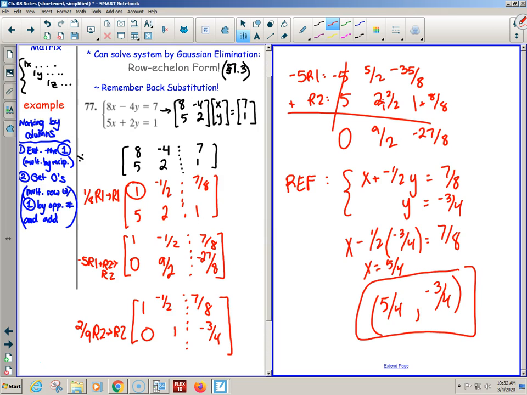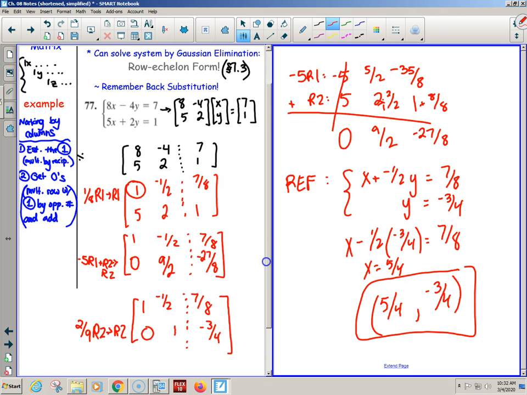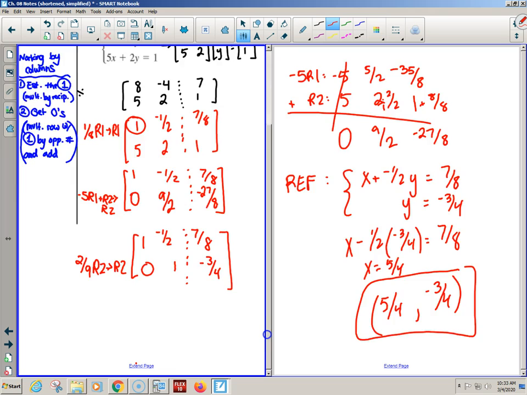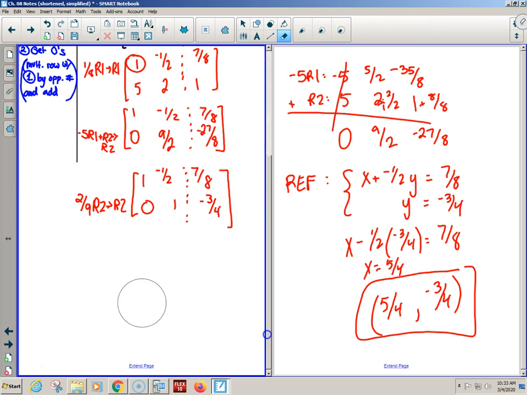However, even though that was all well and good, we still had to go back to a system, and we still had to solve. And if this was like a 3x3, a 4x4, a 5x5, that back substitution would be a pain. So what if we just went one more step and said, I wonder if there's a thing where you keep going.